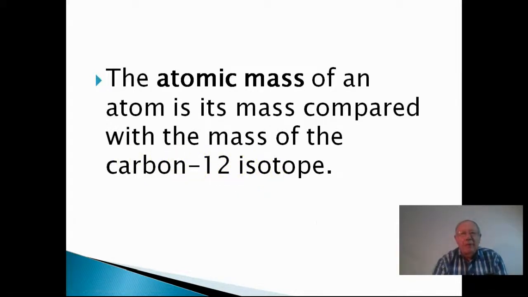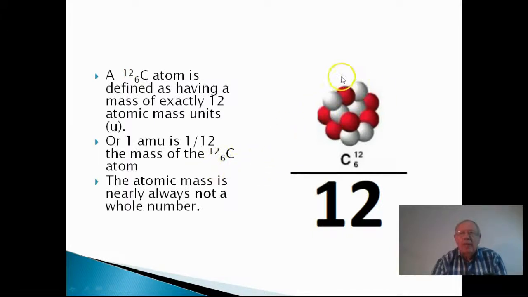Now, to explain that a little further, if we have here the nucleus of the carbon atom, and we get 1/12 of that mass, we define that as one atomic mass unit. So, in a sense, this atomic mass unit is a comparison. We're comparing the mass of a nucleus with 1/12 of the carbon-12 atom.